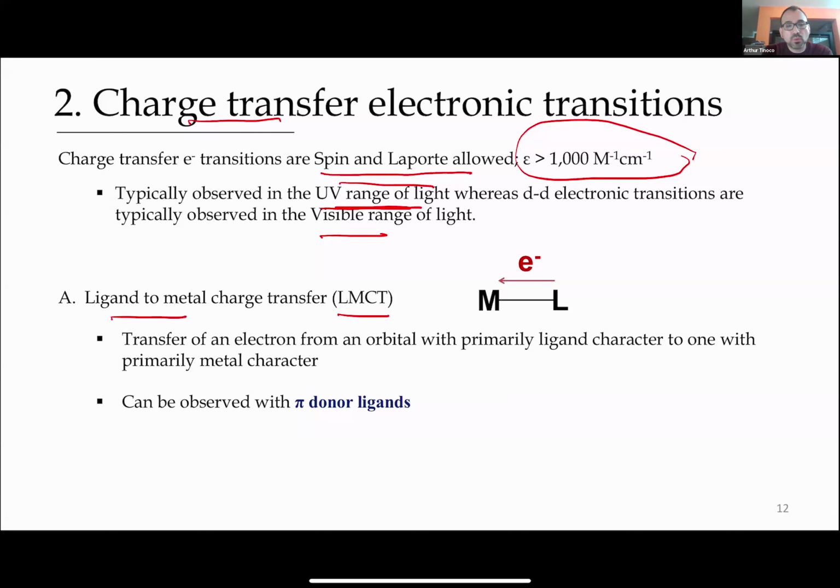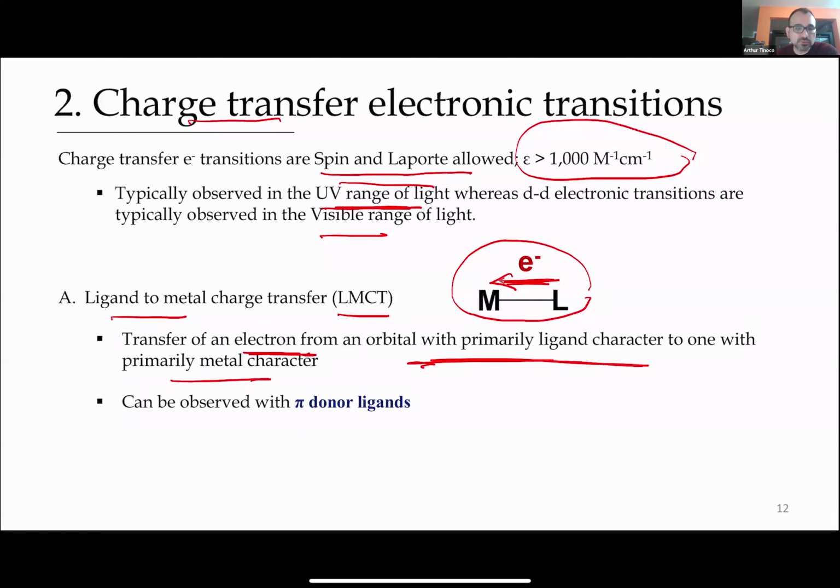That literally means movement of electrons from the ligand to the metal. Using terminology from molecular orbital theory, that means you're moving electrons from an orbital with primarily ligand character to an orbital with primarily metal character.